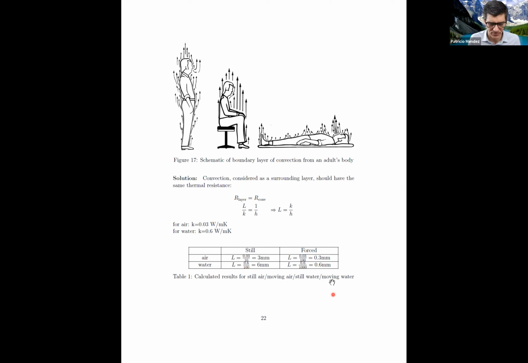So I think this is a really good illustration of how this concept of thermal resistance is helping us understand something that is not very obvious, and the book doesn't make obvious. And it is, what is convection? What does it mean? And now we know that convection is conduction through the boundary layer.